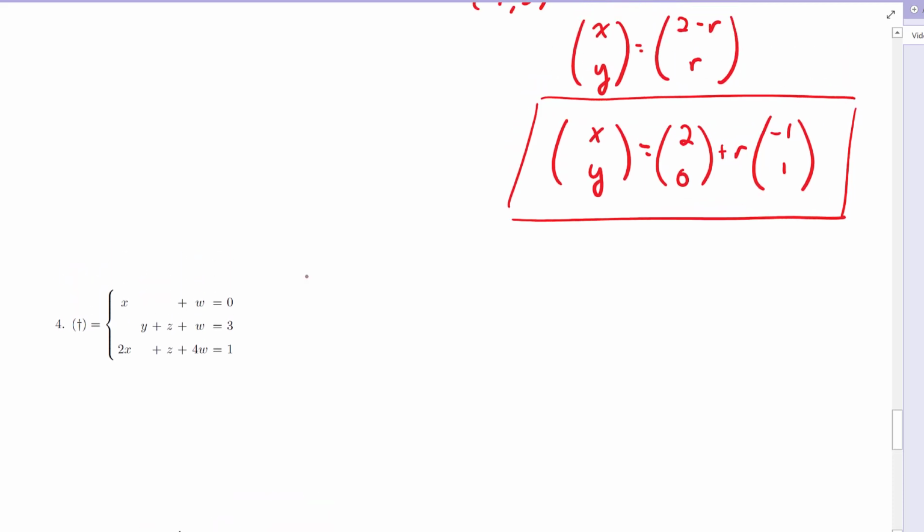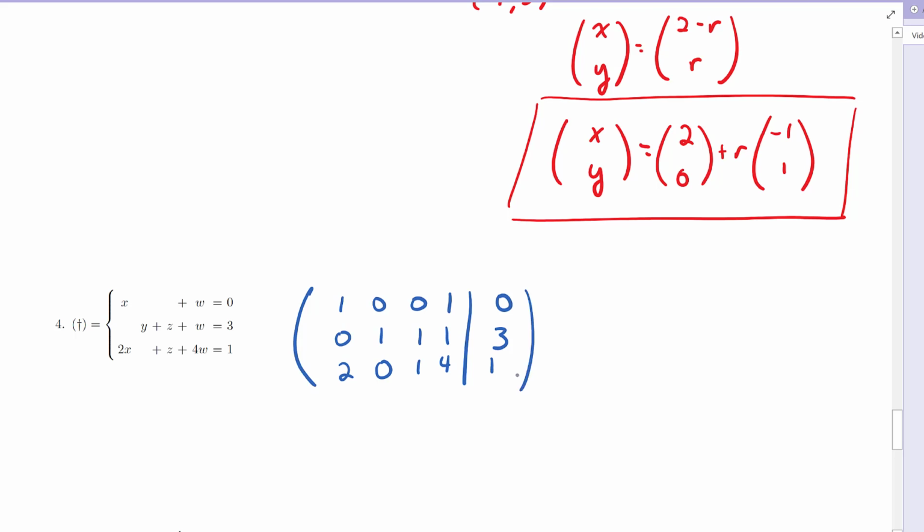If I put this into its augmented form, we'd have 1, 0, 0, 1, 0, 0, 1, 1, 1, 3, and 2, 0, 1, 4, 1. Okay, we want to go ahead and put this into RREF form.